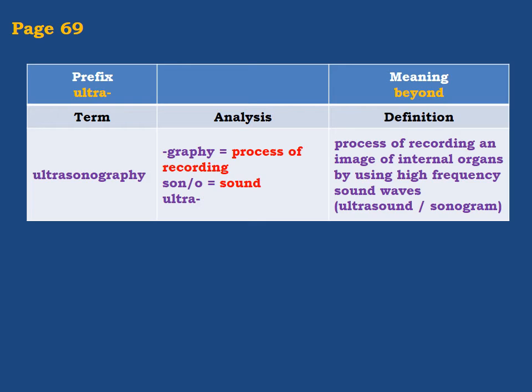The next prefix is ultra, and it means beyond. The term we have is ultrasonography. Graphy, we have taken this before, means process of recording, if you remember. And son here means sound, and ultra means beyond. So the meaning is process of recording an image of internal organs by using high frequency sound waves.